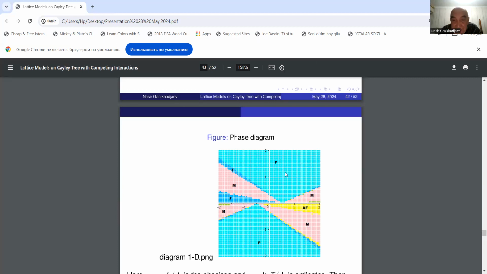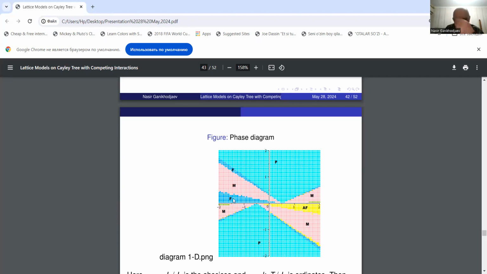Here magnetization is 0, here already magnetization is non-zero. Of course, I have computed with fixing, but we can show that for some boundary configuration we will reach such a result, and for another boundary configuration, another phase diagram.